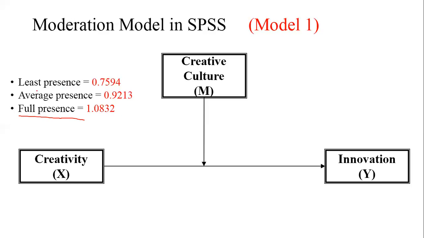So with the increase of the moderator's presence, what is happening to the relationship? The relationship is also increasing. So we can say when creative culture is present, the relationship between creativity and innovation is strengthened, or it is more when this moderator is present, and it is less when this moderator is not present. So this is how we try and interpret these mediation and moderation analyses.